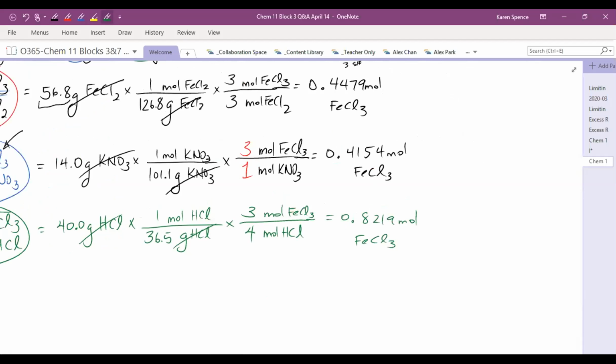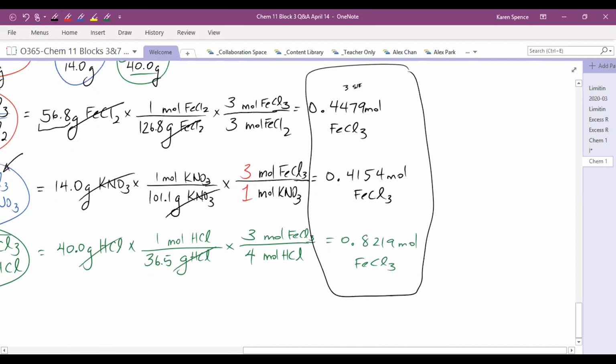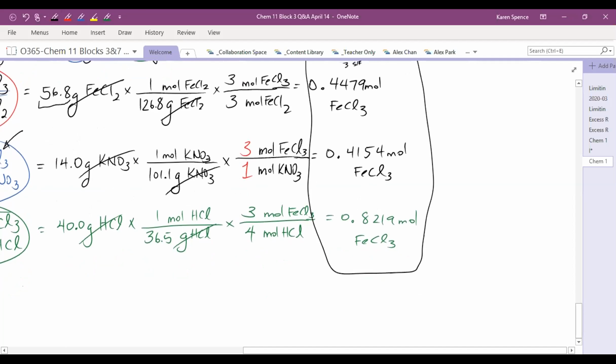Okay, so we have done step 1. Calculate the moles of product from each reactant. Step 1 is done. Step 2, find the least amount of product, the least amount of product produced.